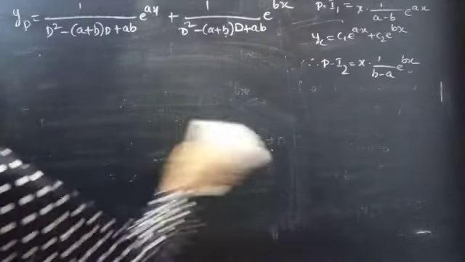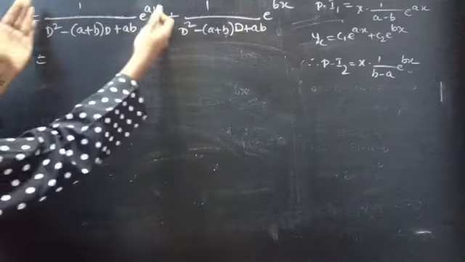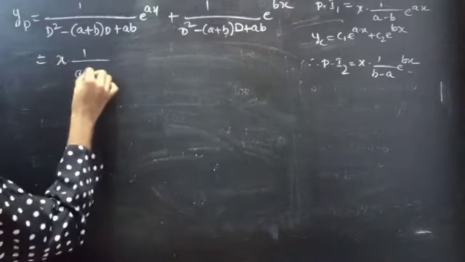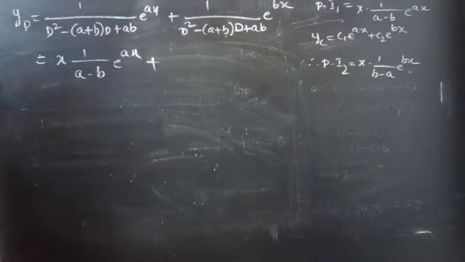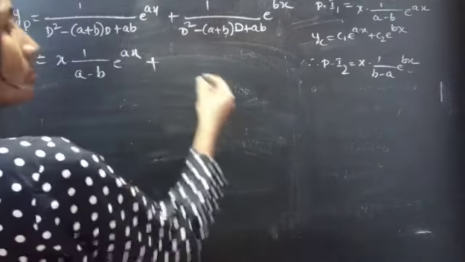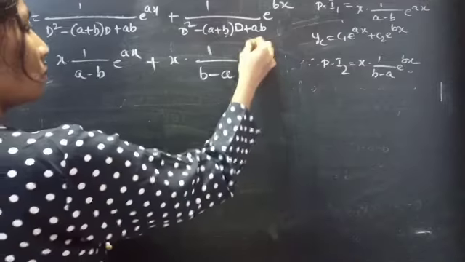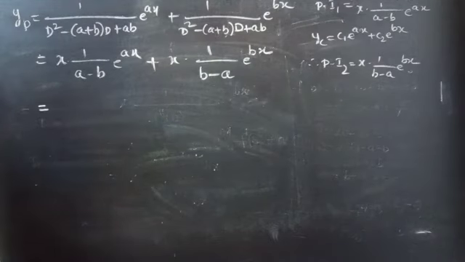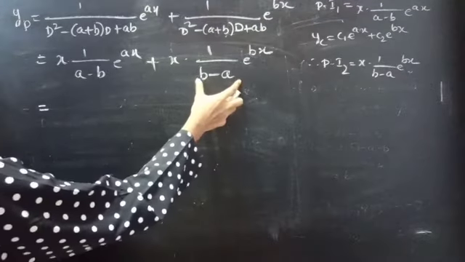Coming to yp equals the value of the first term, x into 1 by a minus b into e power ax, plus the value of the second term, x into 1 by b minus a into e power bx. Let's take minus common from the denominator of the second term.